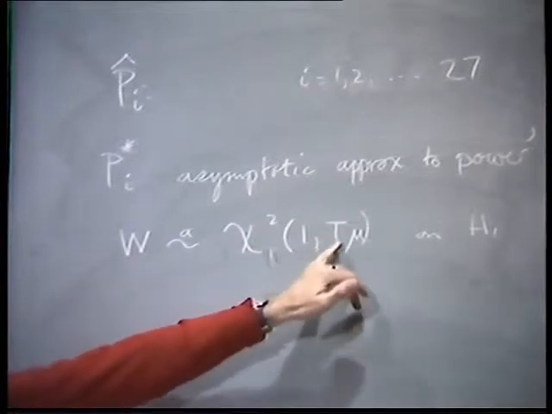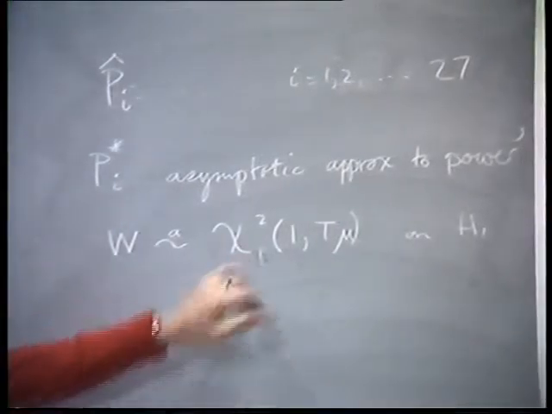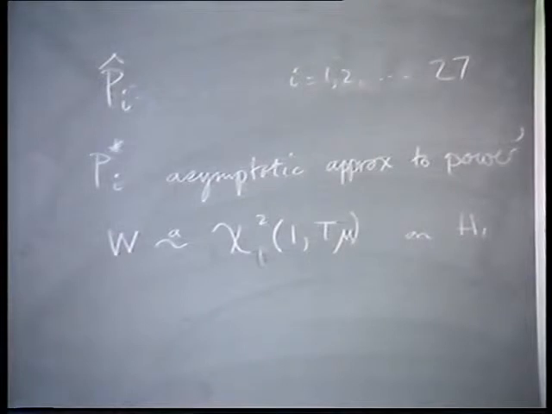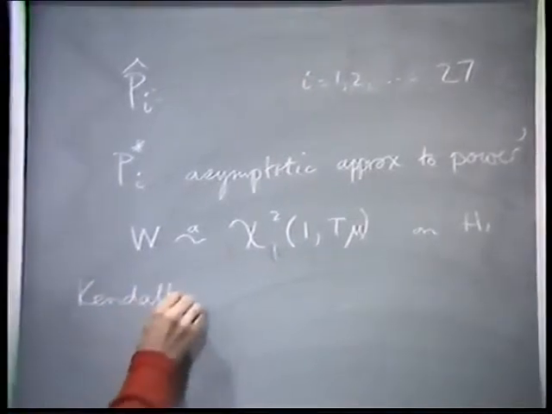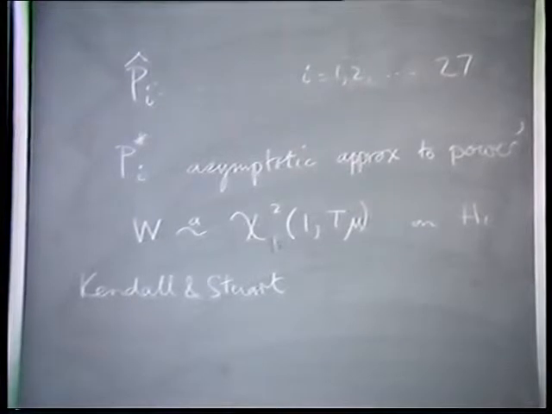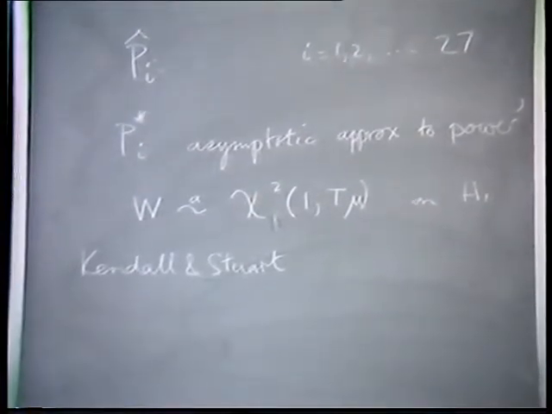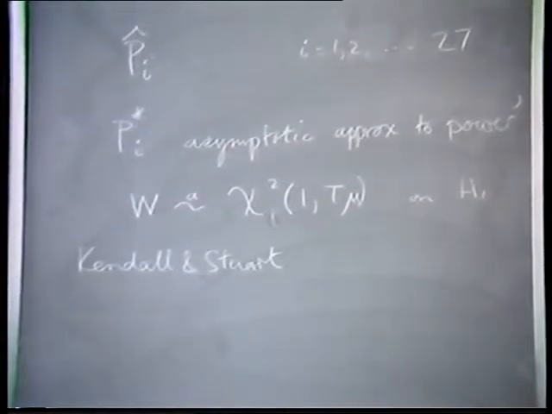Because we know what the value of this non-centrality parameter is, given our design, we can evaluate these powers. But rather than use non-central chi-squareds, which I think econometricians are not too familiar with, we can use a result which is in Kendall and Stewart, which relates a non-central chi-squared to a central chi-squared via a factor of proportionality.